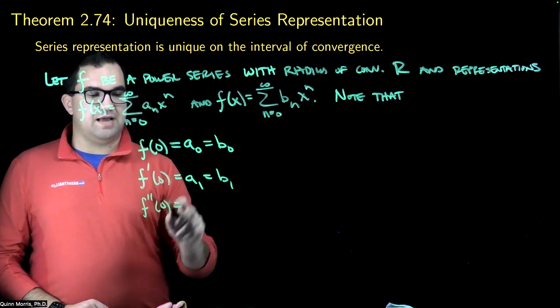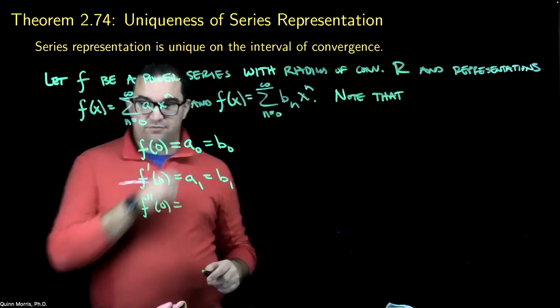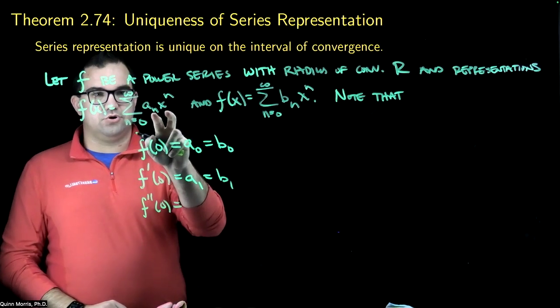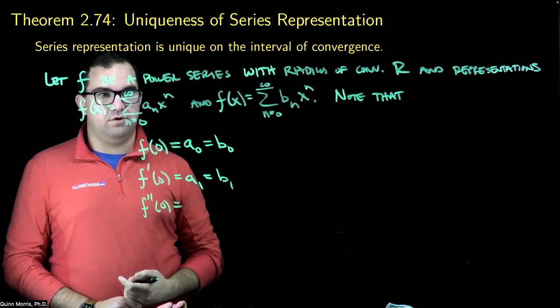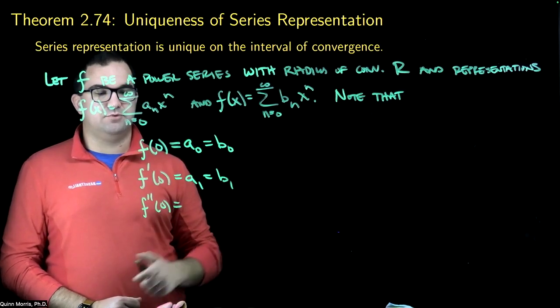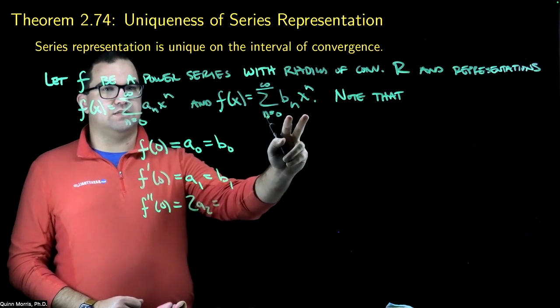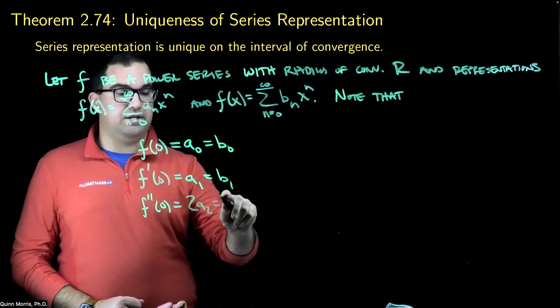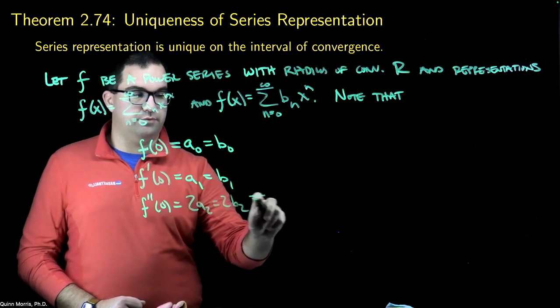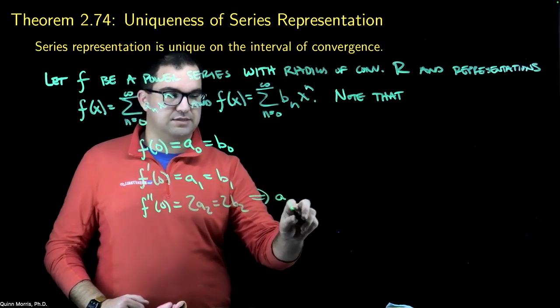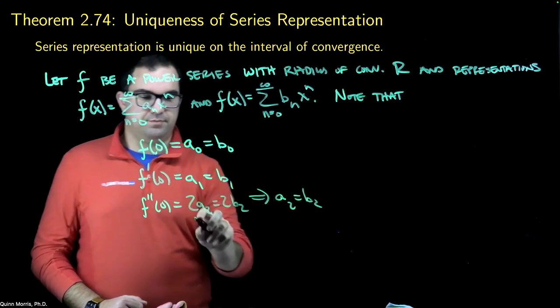If I were to take a second derivative, the constant term in my second derivative would be 2a sub 2. My constant term in my second derivative here would be 2b sub 2, but note that that implies a sub 2 is equal to b sub 2.